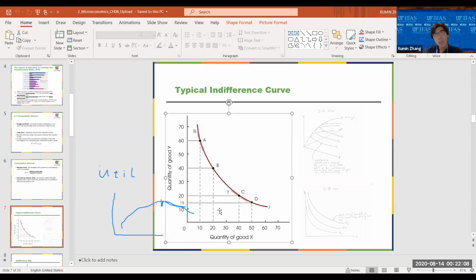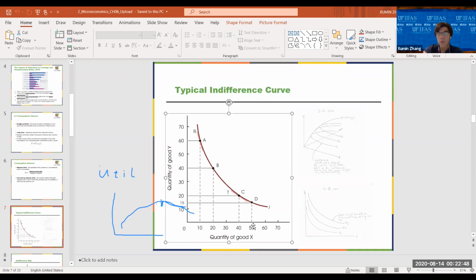2D view. Don't forget, we have talked about the budget constraint, right? So actually, everyone has a different budget constraint. The budget constraint is more like, let's say, a surface, a plane, and if the plane touches the surface of this mountain, we call it the optimized point.